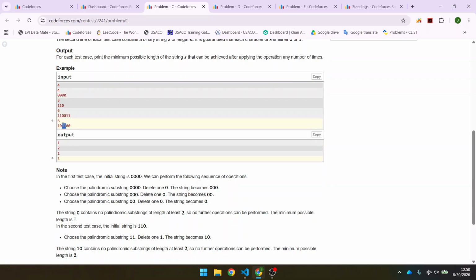Any palindrome. So 1, 1 can be reduced to 1. 0, 1, 0. So over here, we can take this away. And over here, we can take this away. And then over here we can take this 0. Okay, okay.